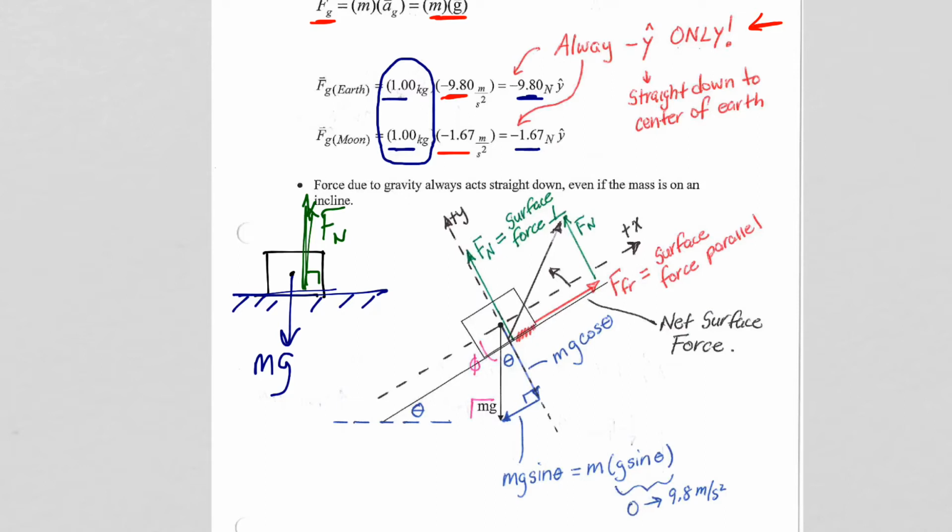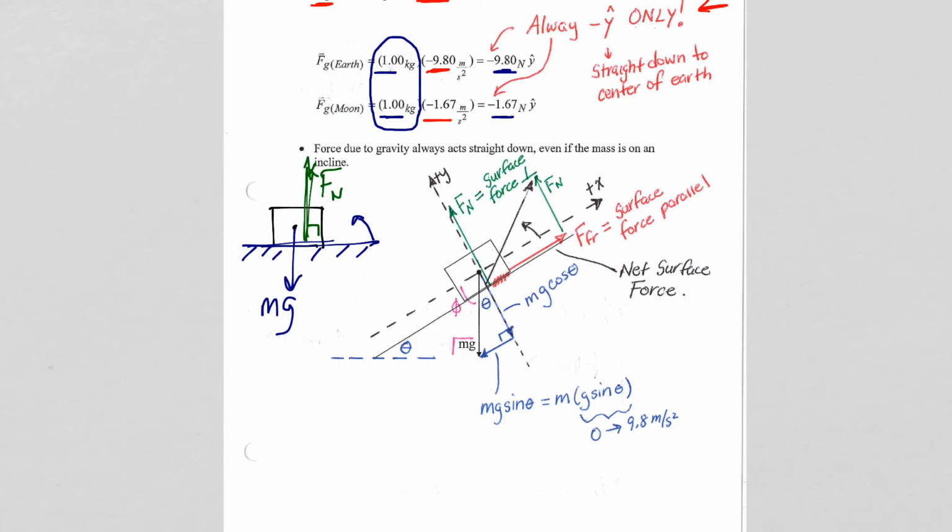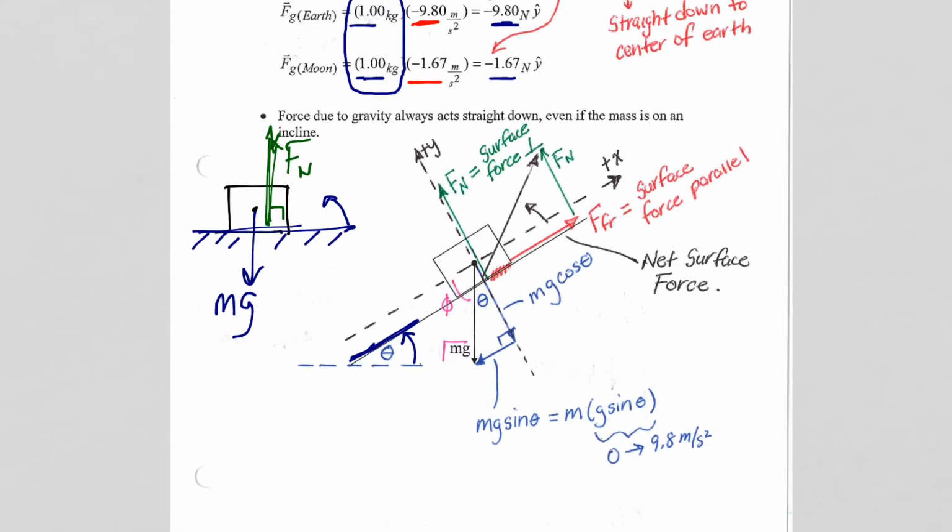Well, what happens to gravity as we begin to angle this surface? And that's what we're looking at in the picture here. If we angle the surface, so now we've taken the surface and we've angled it up to some angle theta, that does not change the mg for gravity.